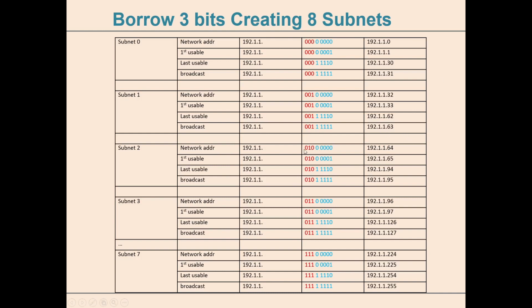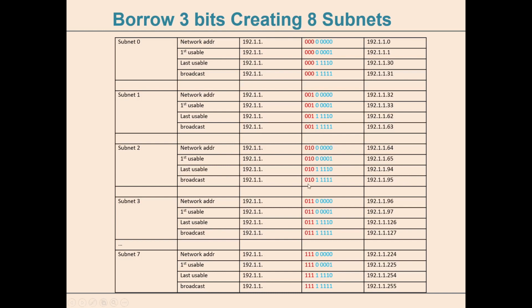Then we increase the 3 subnet bits by 1. That's 010. That is subnet 2. And the same host portion starts over again from all 0. That gives us the equivalent decimal number 64, the network address for subnet 2. And when the 5 host bits go up to the highest value, all ones, that gives us the equivalent decimal number 95.